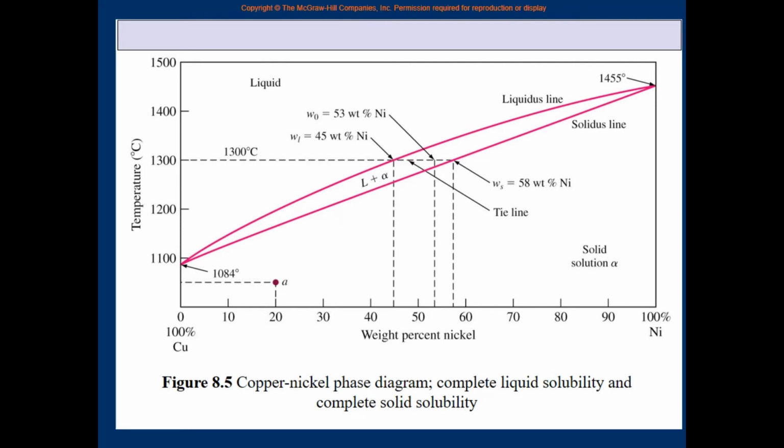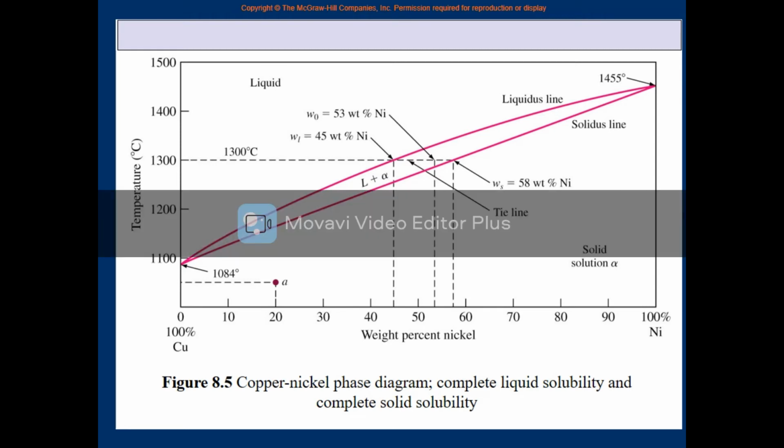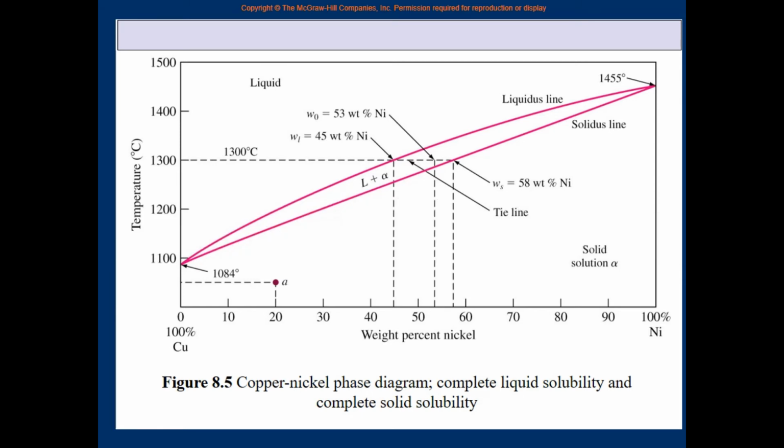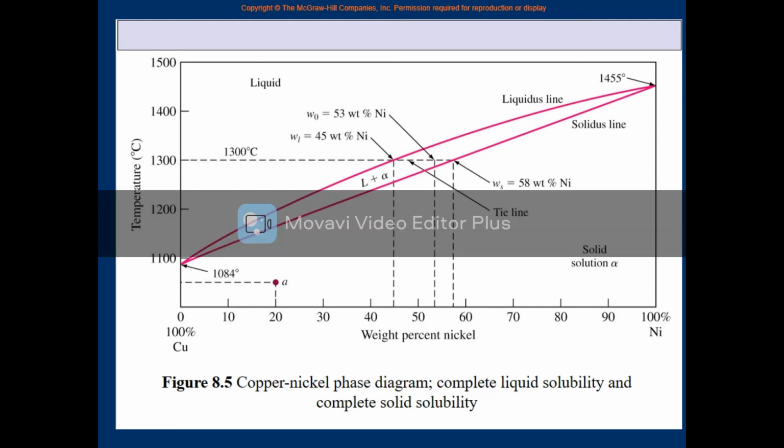So what do we want to find out? When we take any alloy of a given composition, melt it completely, and then start to cool it, just like we will do in a refinery of a metal, like a steel plant or something like that. So this is a plant where copper nickel alloy is produced.